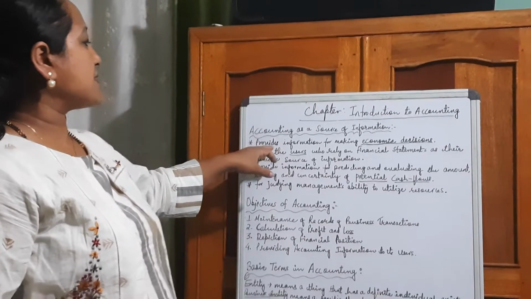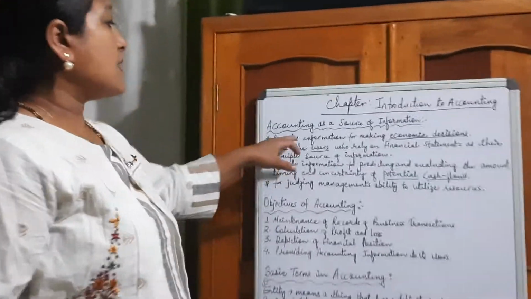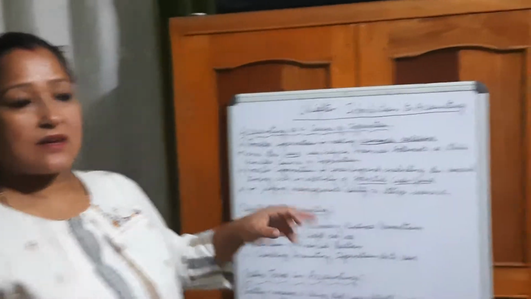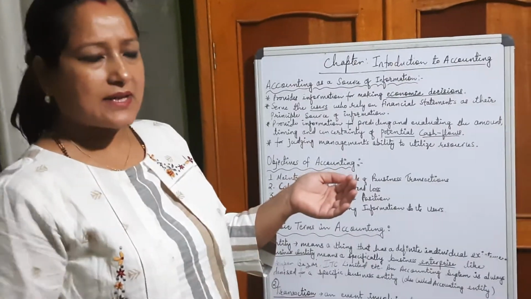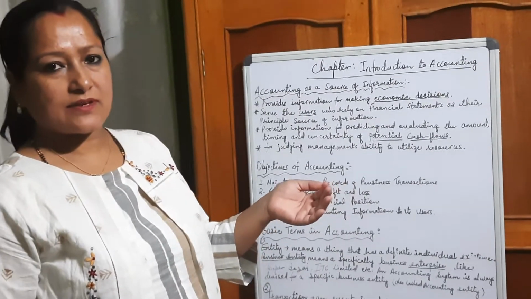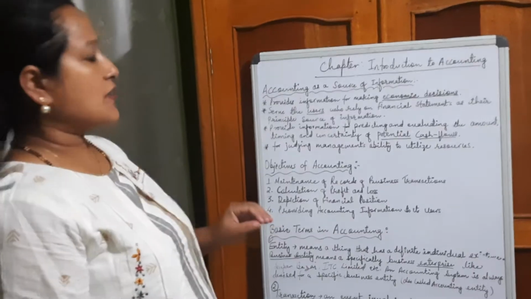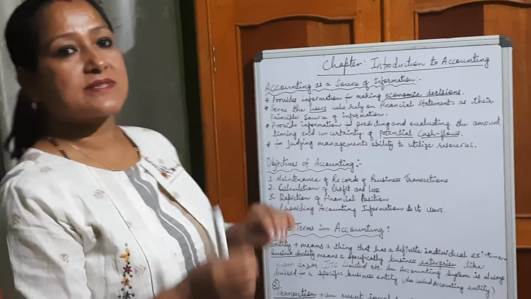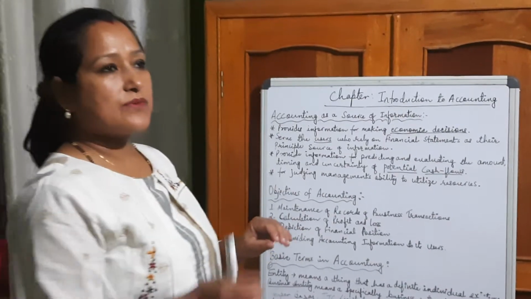First, it provides information for making economic decisions. Accounting is the art of recording and classifying transactions, which we have learned already, recorded in a systematic manner. After doing accounting, they make some statement, which is the result.